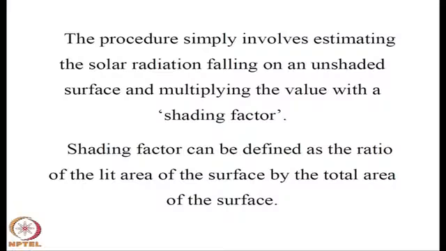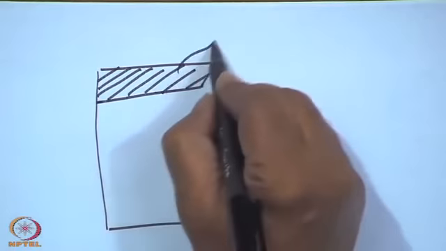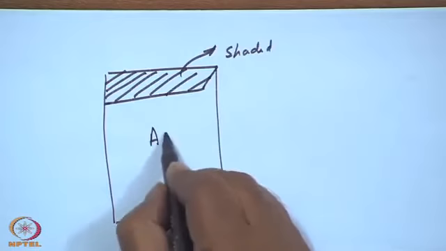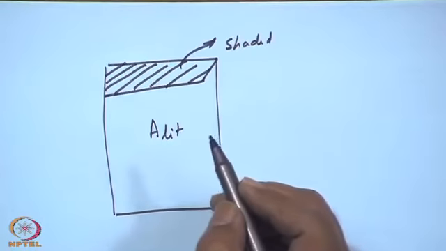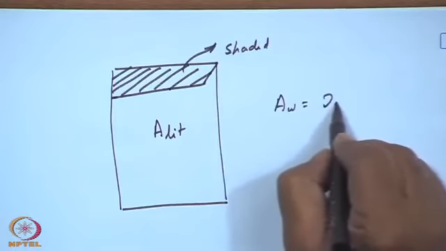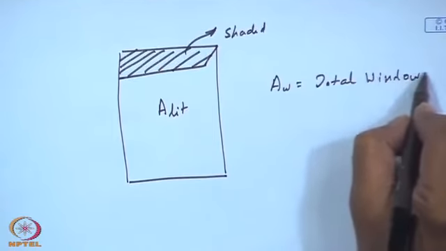So, the shading factor can be defined as the ratio of, if you look at it like this, I am interested in this part, this is shaded, and the remaining area is lit by the sun, and AW is the total window area.